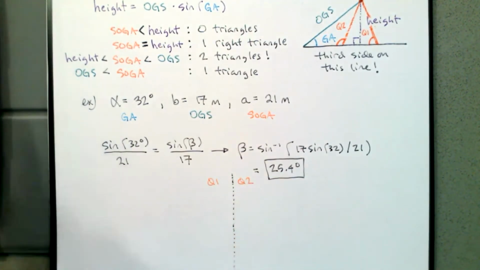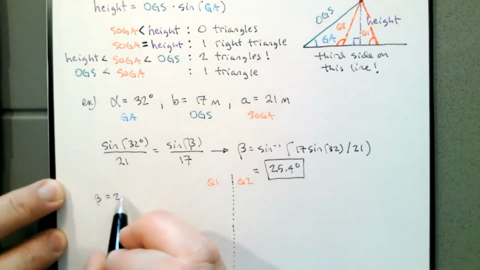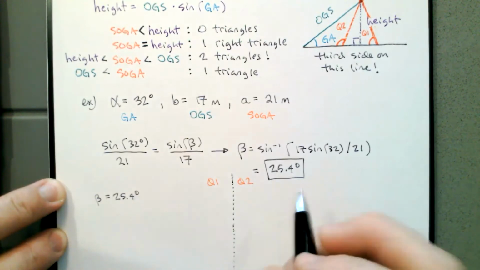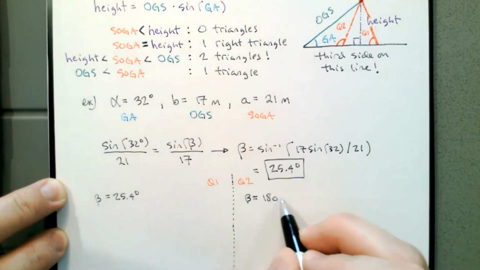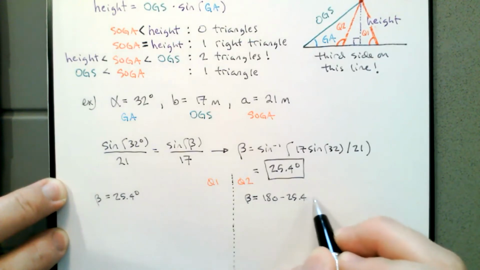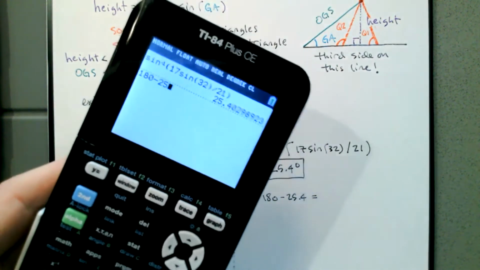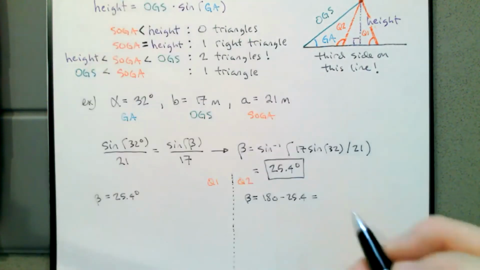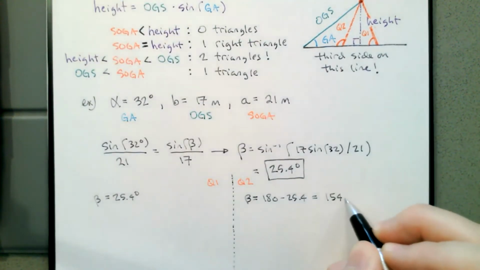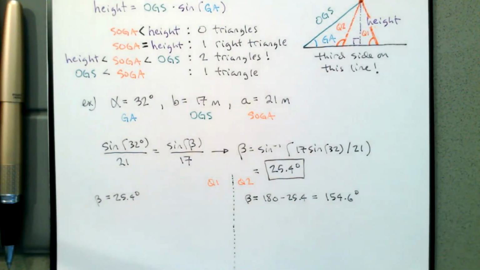So in quadrant 1, beta is just the 25.4. And in quadrant 2, beta is 180 minus 25.4, 154.6. And like the audience in the horror movie, you can already see why this is going to be a problem.